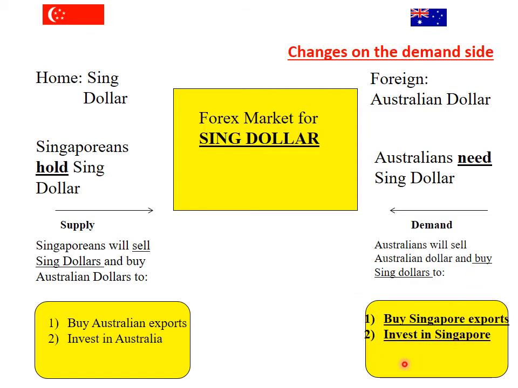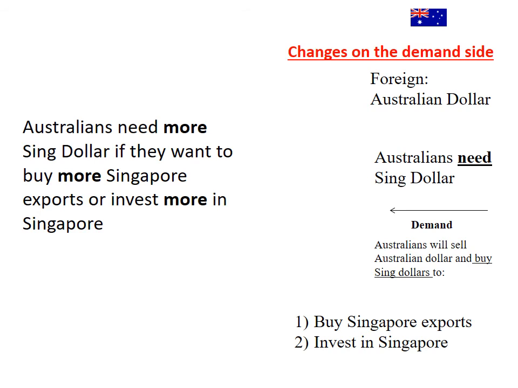When these motivations change, this will change the demand for Sing dollar coming from the foreign side. So what will cause these motivations to change? Now, for example, Australians need more Sing dollar if they want to buy more Singapore exports or invest more in Singapore. What will cause that to happen?